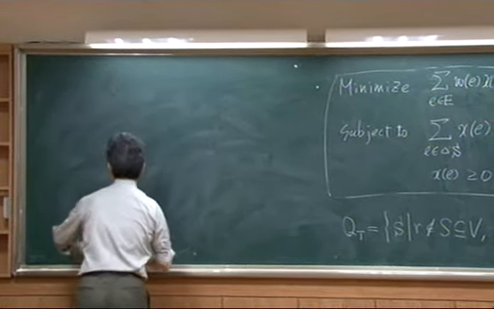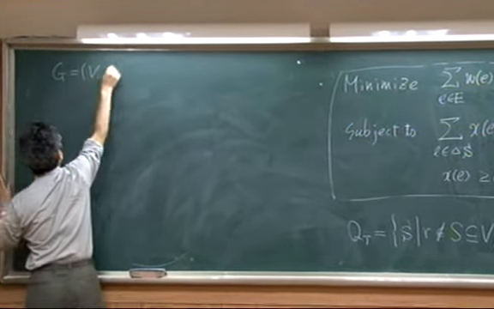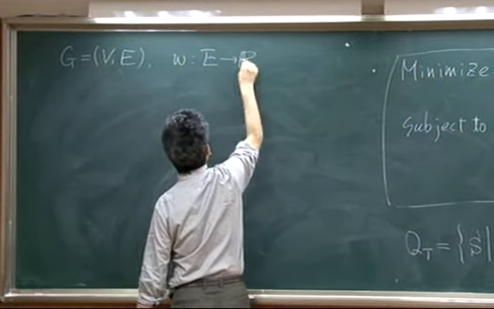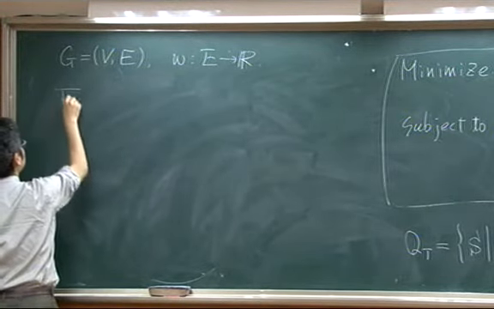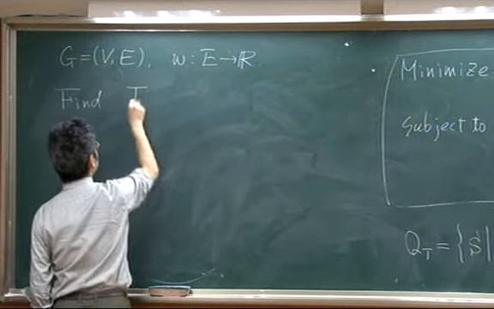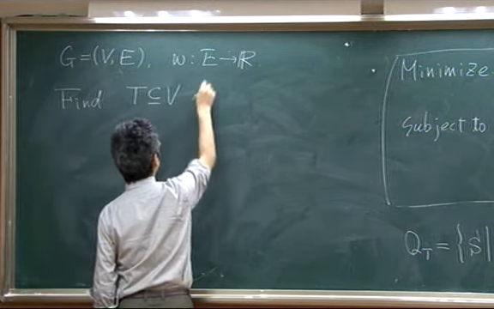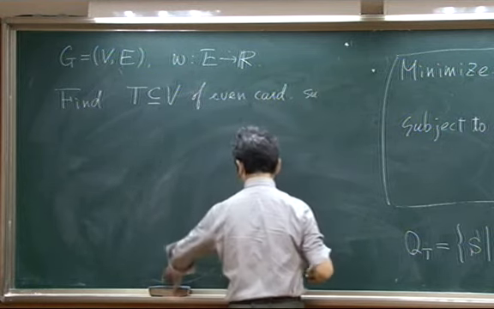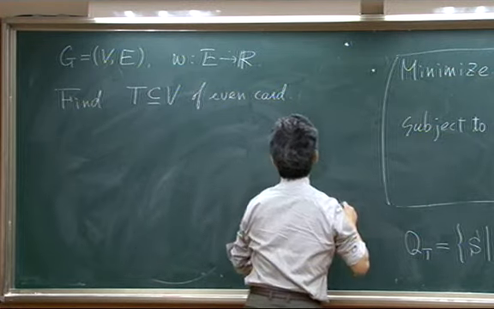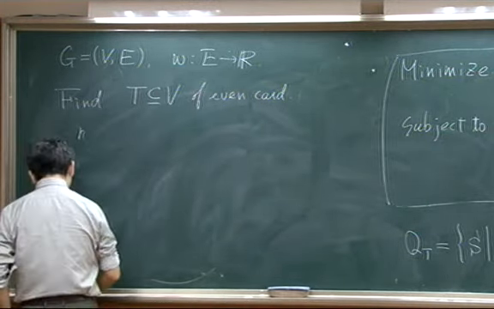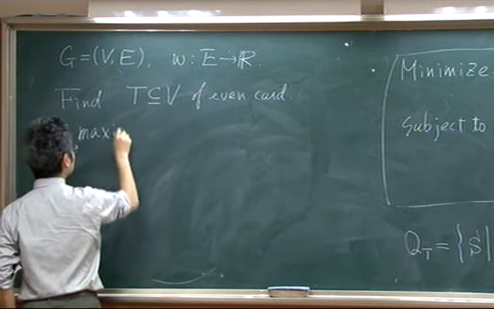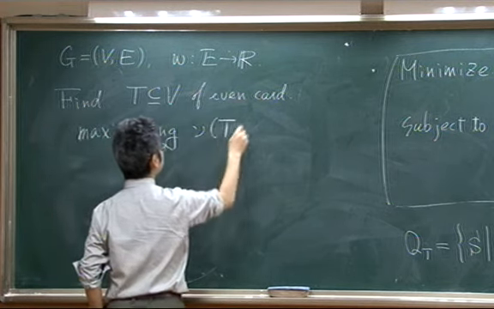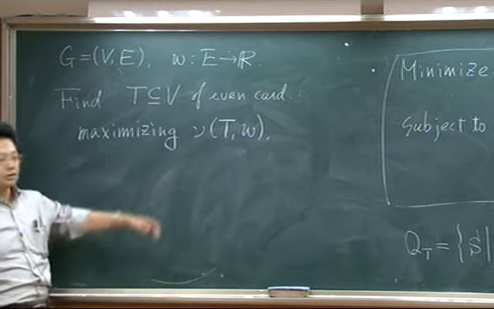Suppose we are given G and W. Now I want to find T of even cardinality maximizing nu_T(W).